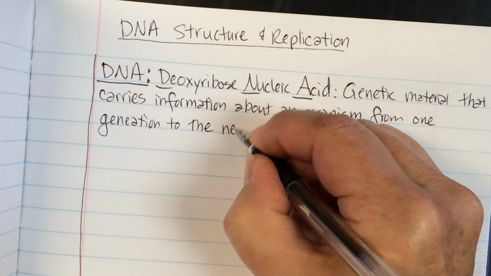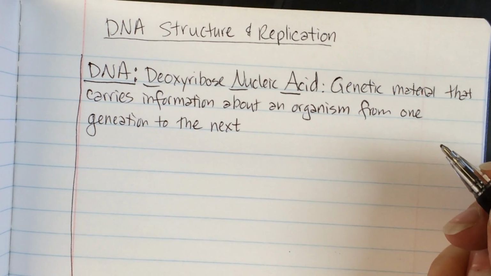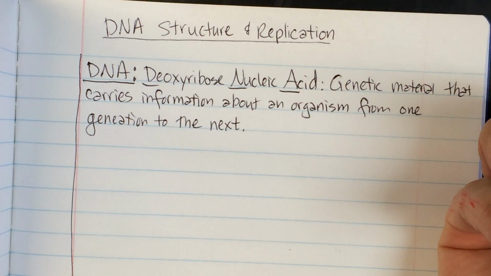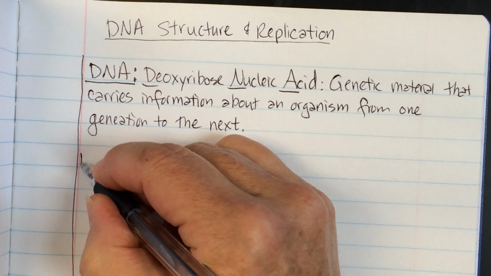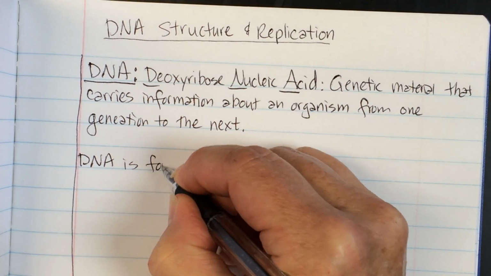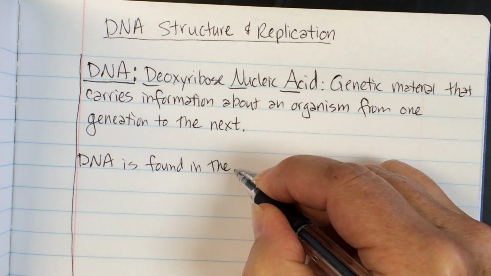How is it that you look like your mom or your dad or your grandpa? That's DNA, passed from one generation to the next. Okay, so let's talk more specifically. Where is DNA found?